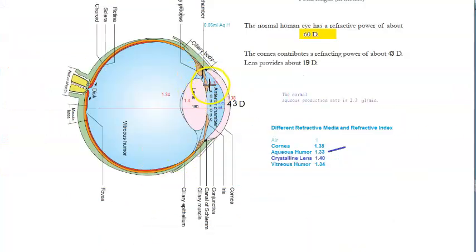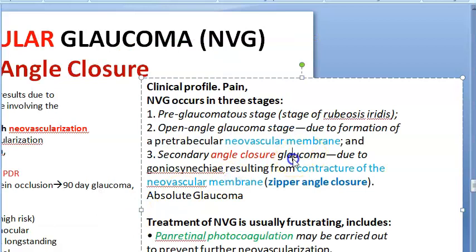So there is neovascularization of the iris, that is pre-glaucomatous. Then some neovascular membrane is there. This membrane contracts and it goes into angle closure. At that time these people will go into glaucoma because of contracture of this neovascular membrane, zipper angle closure. Remember, goniosynechiae, okay? And then they're going to absolute glaucoma.